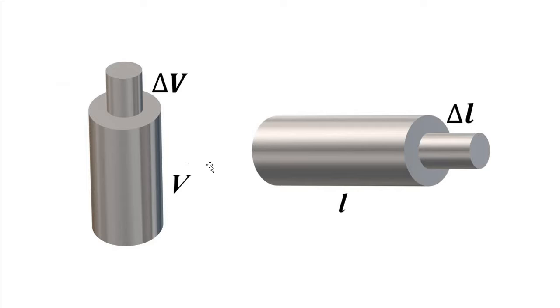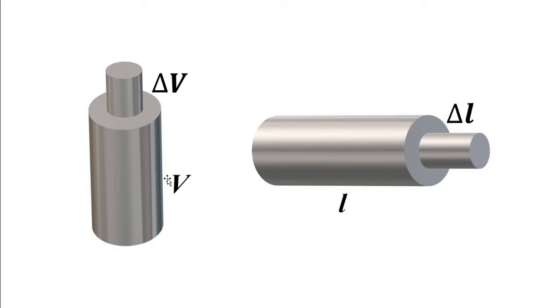So whenever stress is applied, there can be elongation of the material, which leads to an increase in length and a corresponding decrease in volume, or when compression happens, it inflates and its length decreases.